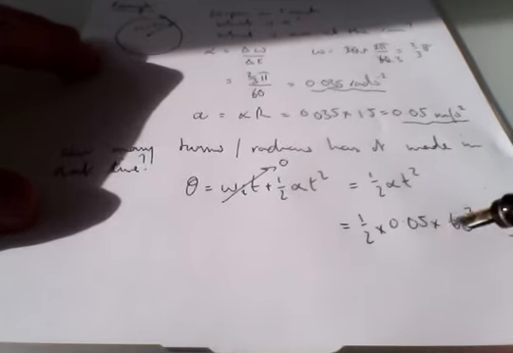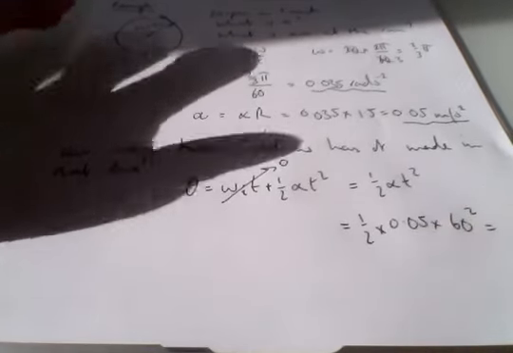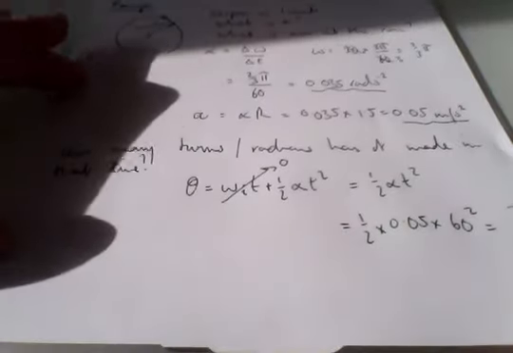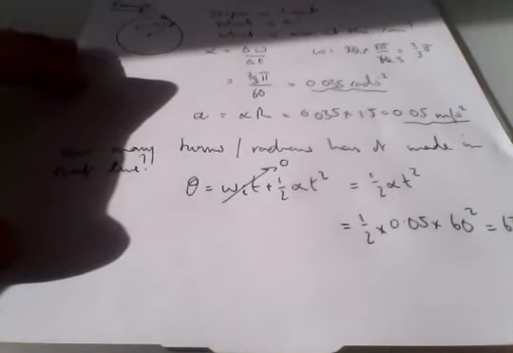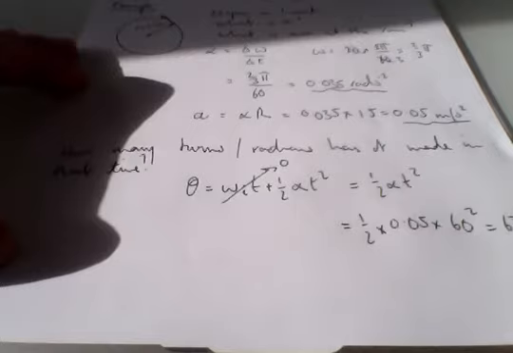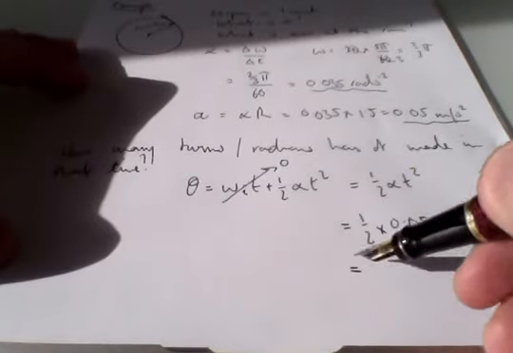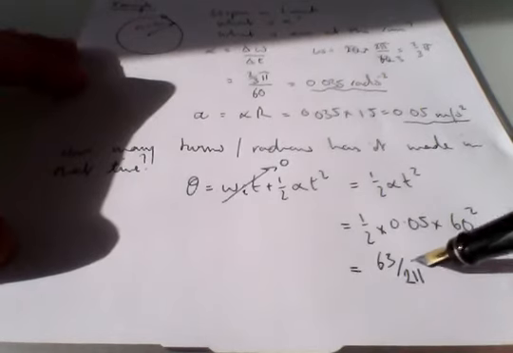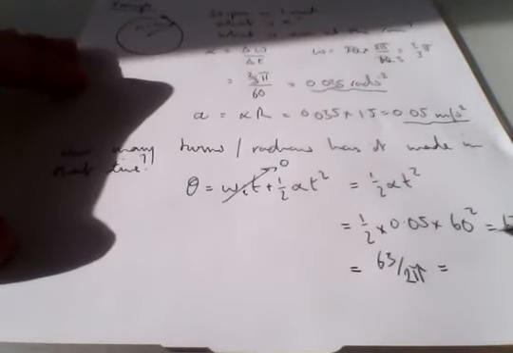And that gives us a grand total of 63 radians. If I wanted to work out the number of turns, then I go for 63 divided by the number of radians in one turn, which gives me 10 turns.